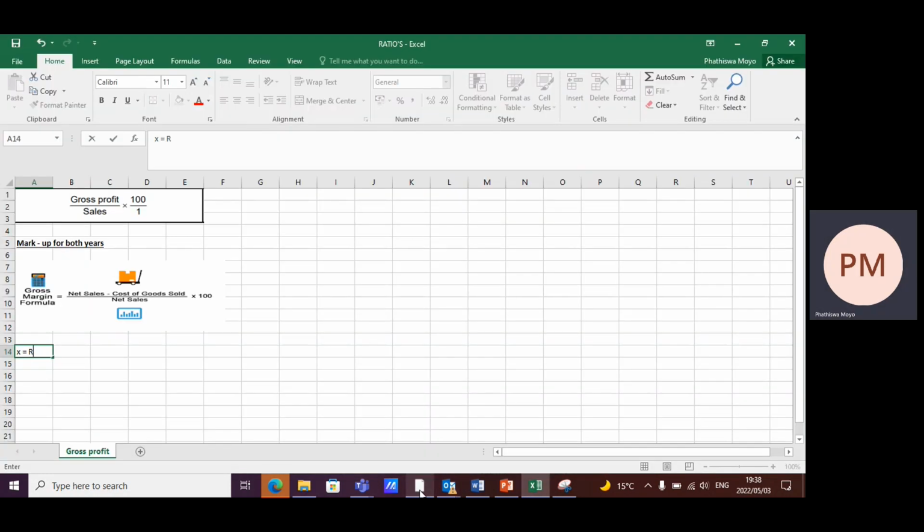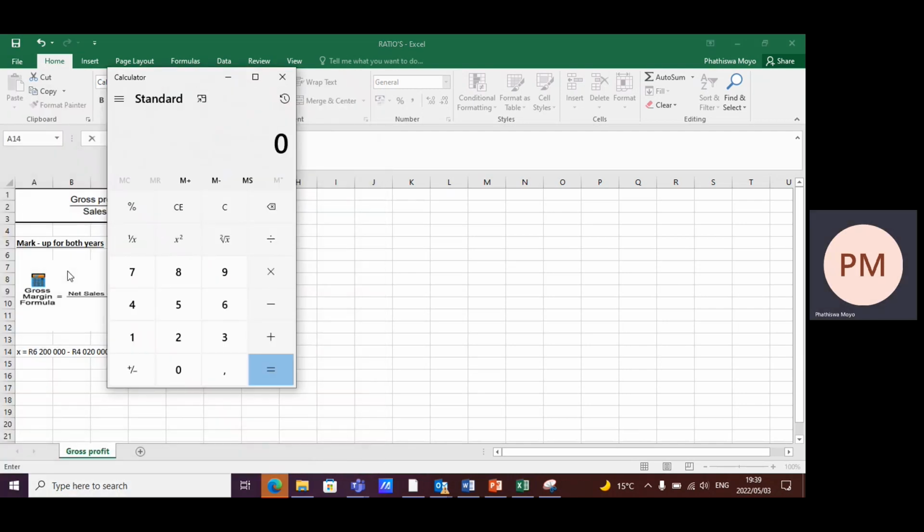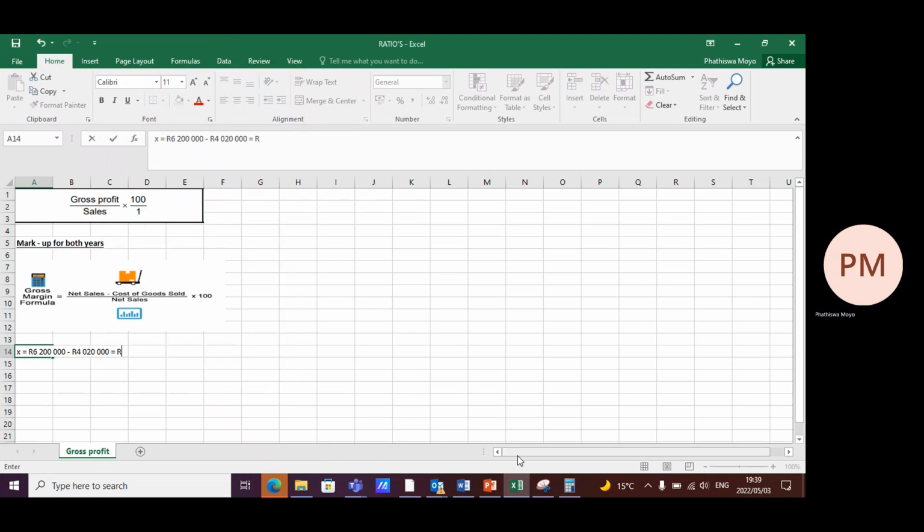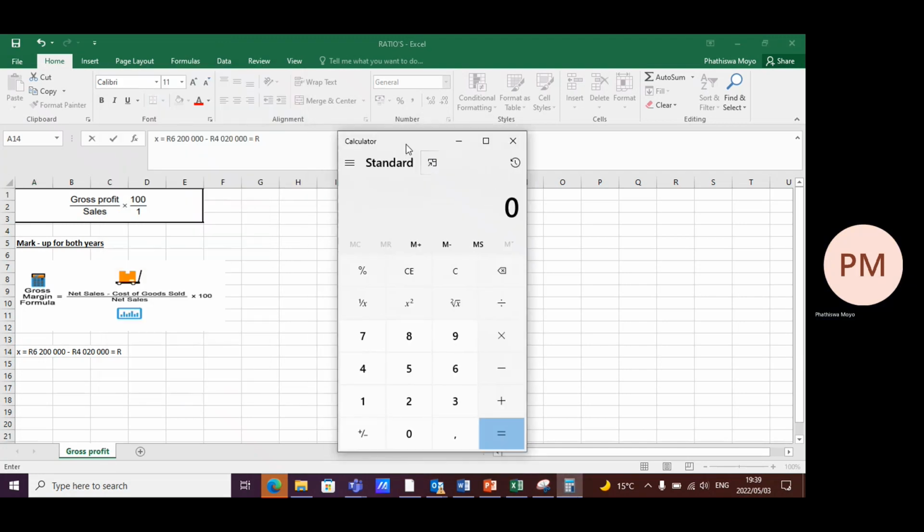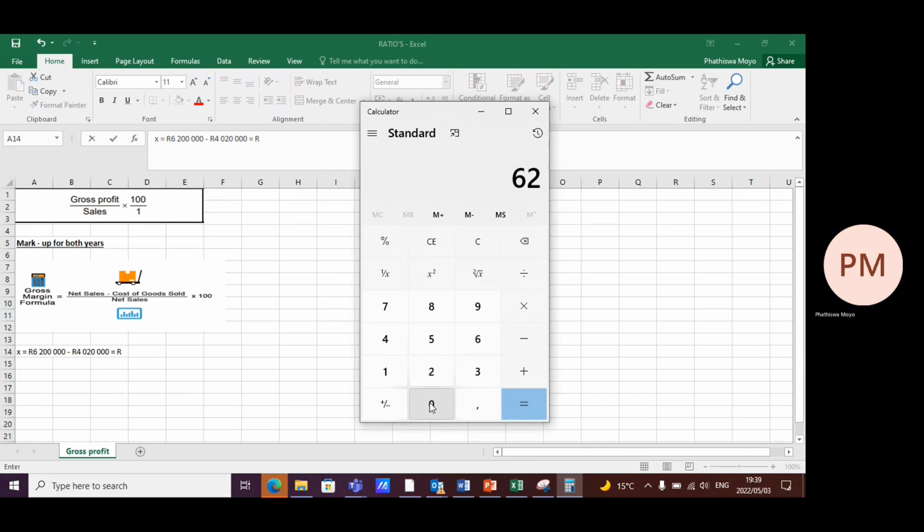It's 6.2 million minus 4.2 million, which equals 2180.